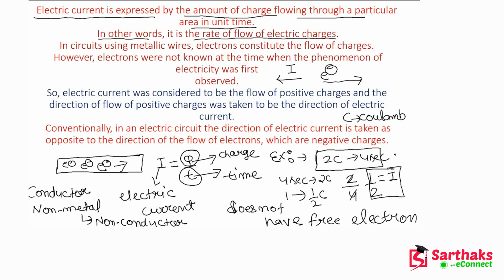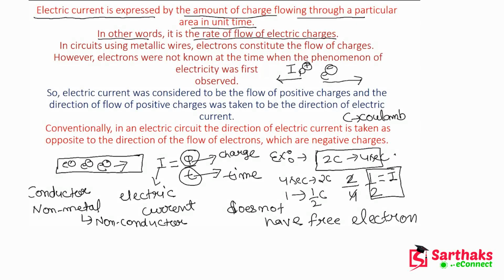So this is the opposite direction of the flowing of electron. And similarly, let's suppose a proton is moving in this direction, so the direction of current will also be the same as the direction of flowing of proton. So I hope you got my point.